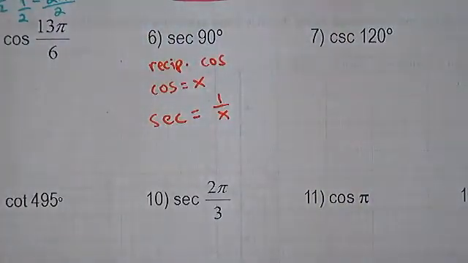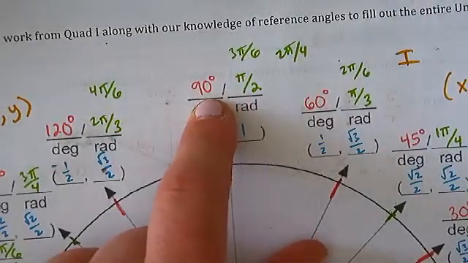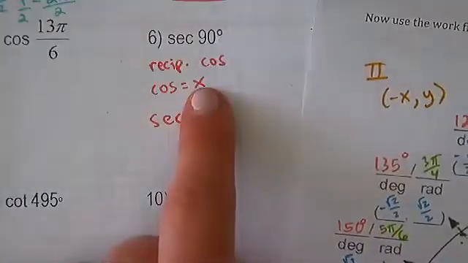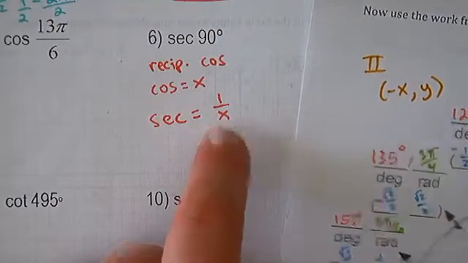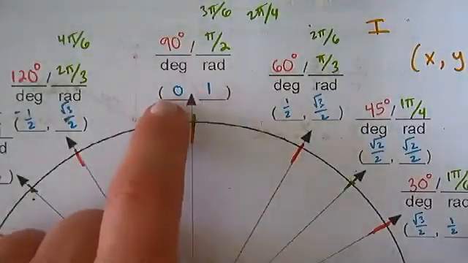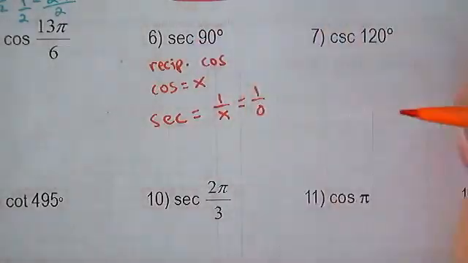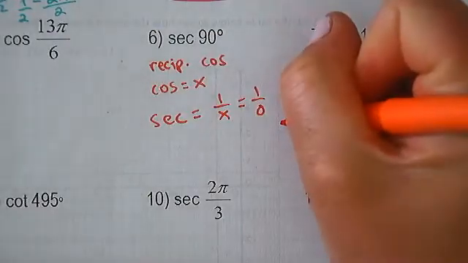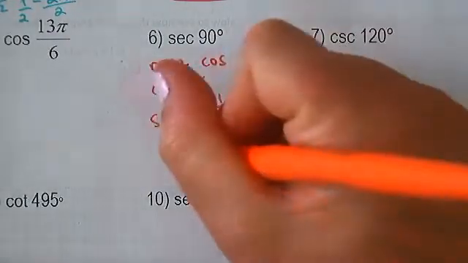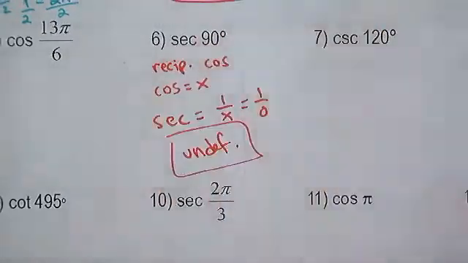So we're going to go to 90 degrees, and we are going to take 1 and divide it by the x value of the coordinate. So at 90 degrees, the coordinate point is 0, 1, so the x value is 0. So that means that secant is equal to 1 over 0. Can you divide by 0? I can't. So that means that this is actually undefined.